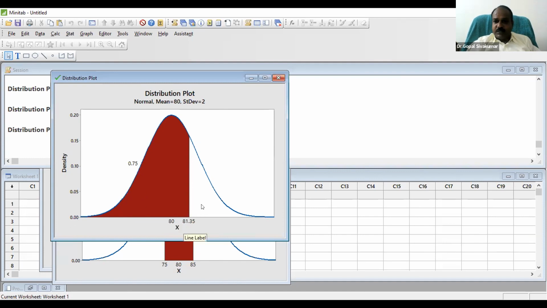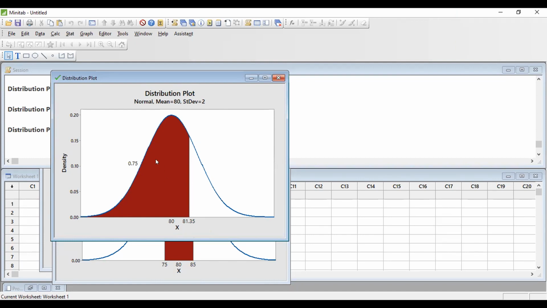What percentage of the class will stand up now? 75%. Quartile 3 is the point that divides your data, the distribution or the population, into 75% on the left side and 25% on the right side. Is that clear to everyone?